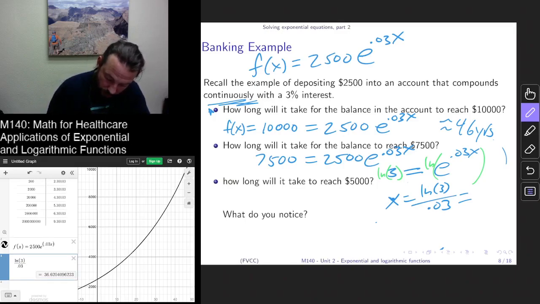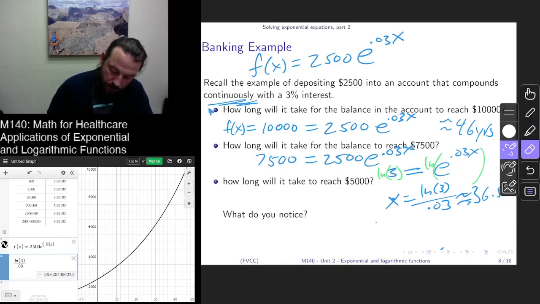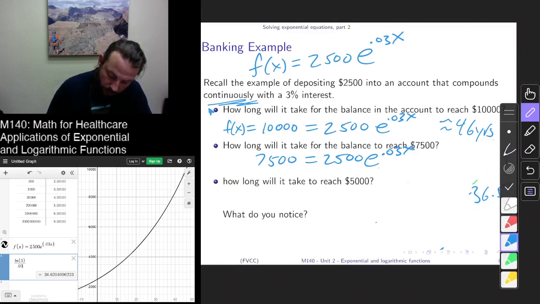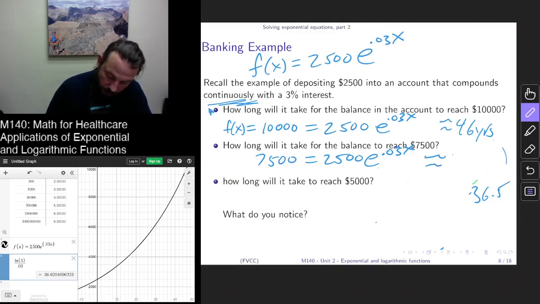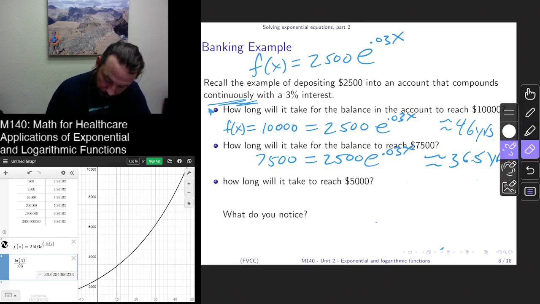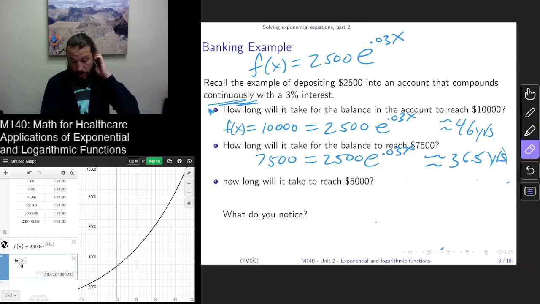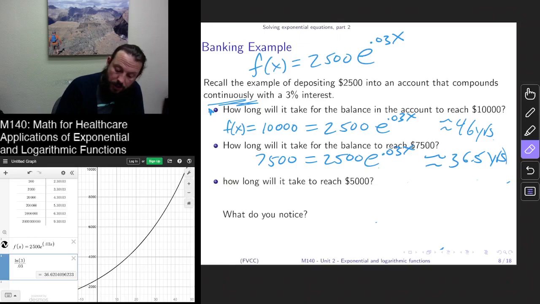So 36.5, and that's approximate. All right, let's get rid of this, and we'll write down, before I forget it, approximately 36 and a half years to reach 7,500. Okay.